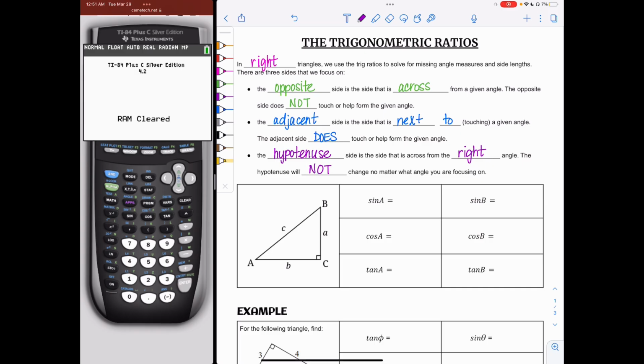So for instance, let's say that we have this triangle on the left-hand side here. One thing that you should understand is that whenever you have angle measures, we have capital letters. So angles are capital, sides are lowercase, whenever we write them as letters.